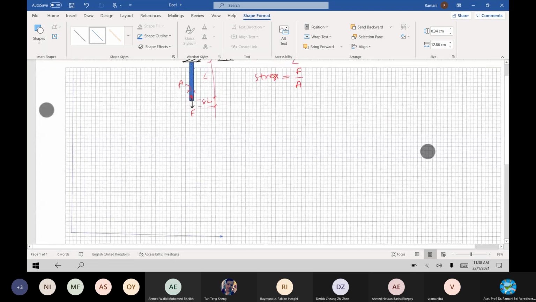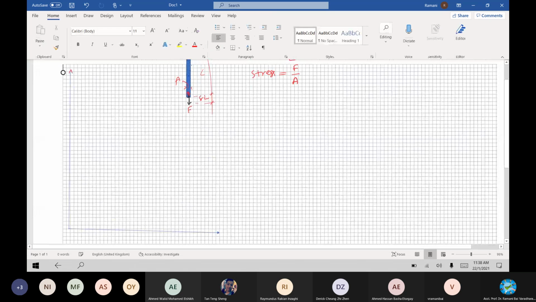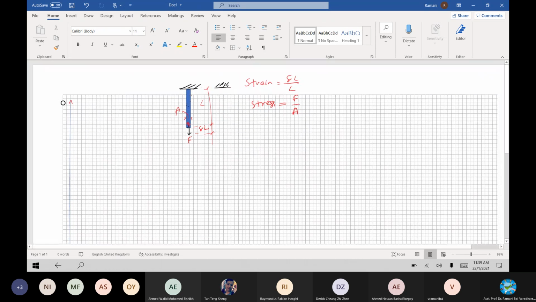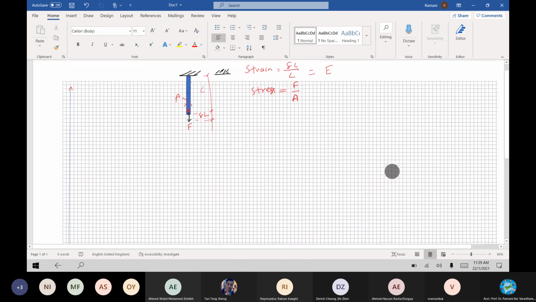Can you all see the lines? This is the graph. I take this as x. I have enough space, no problem, I will do it one by one. Let's do the strain here, given as delta L over L. We can name this as E, for now strain E. Later, I will explain about the modulus.